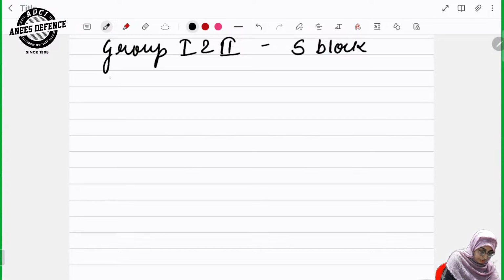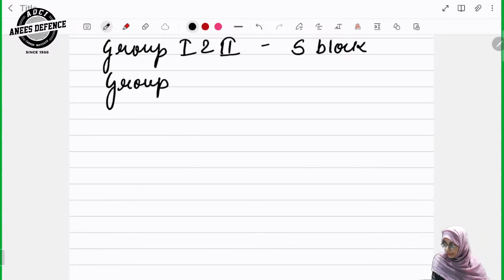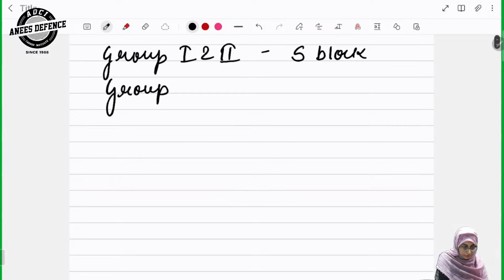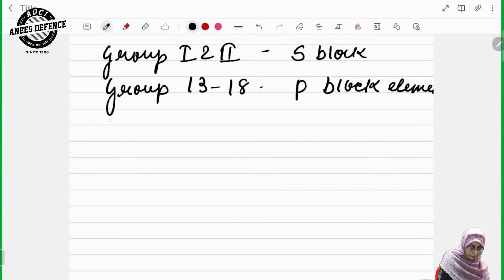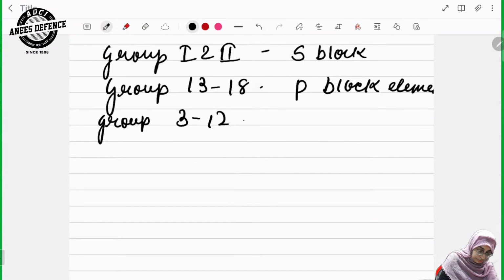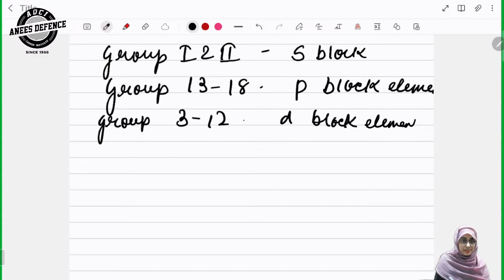Groups 13 to 18 are known as the P block elements. And groups 3 to 12 are D block elements. Okay. Understand? Groups 1 and 2 are called S block elements. Groups 13 to 18 are P block elements. And groups 3 to 12 are D block elements.